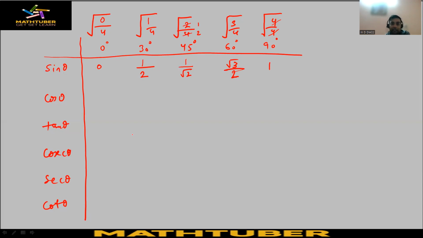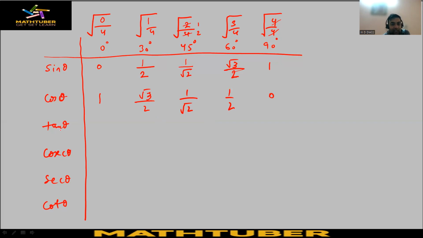Now write it in reverse order. You will get the values of cos theta. So if we write it in reverse order, that means 1 will be written for 0 degree, then root 3 by 2 here, then 1 by root 2, then 1 by 2 and 0. So if we are writing the values of sine theta in reverse order, then we will get the values of cos theta here.